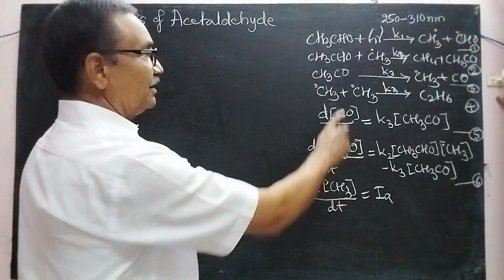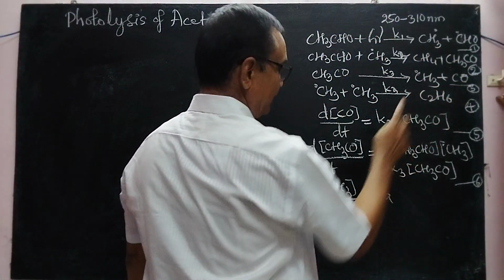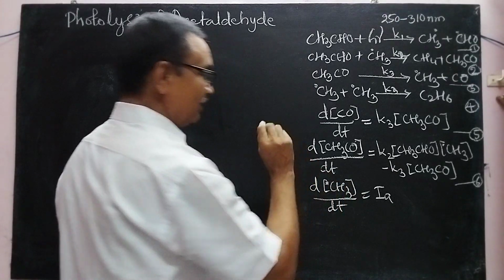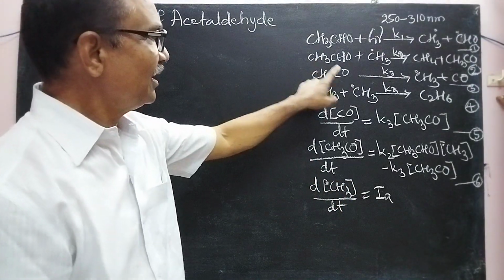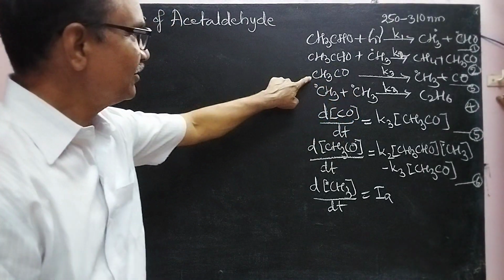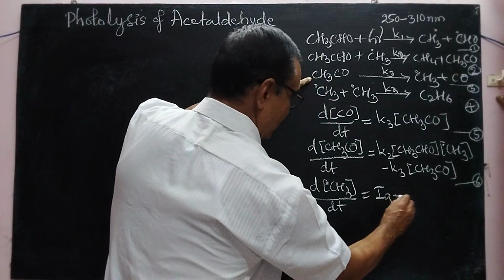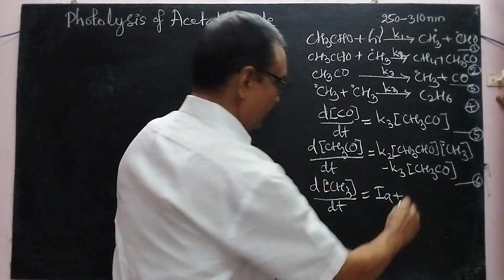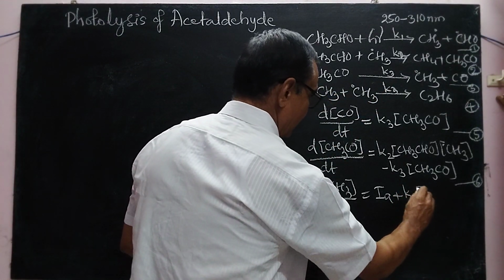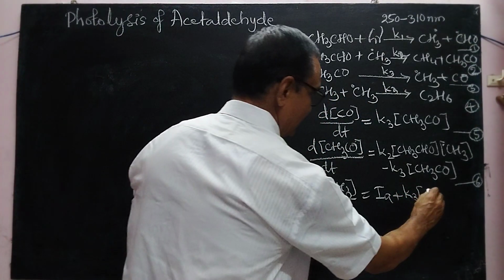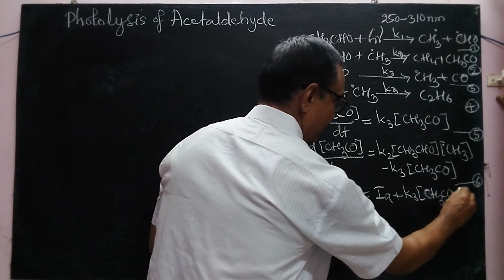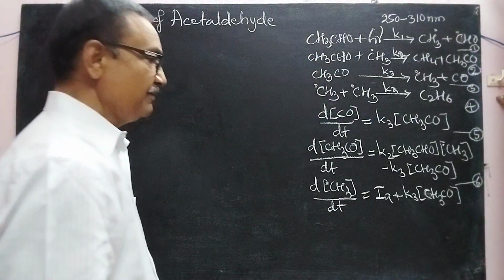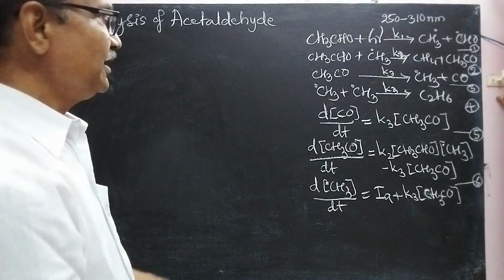According to this reaction, this methyl free radical is formed. Then another one is, here it is consumed, or let us take formation first. According to this also it is formed. That is plus K3 into concentration of this intermediate, CH3CO. This is the formation. Then what about the consumption?